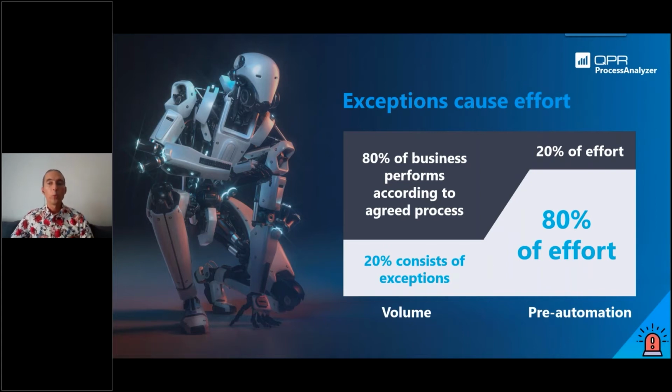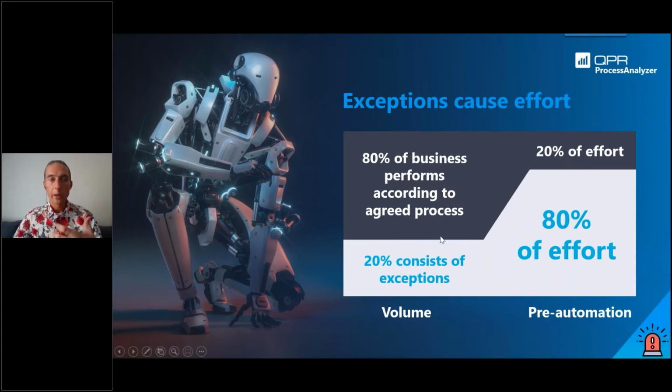So what we suggest you to do is find your exceptions in your process and improve the process in a way that there wouldn't be so many exceptions. That is normal process improvement work, so that you can immediately cut down this part of the manual effort. And then of course what is left, it makes sense to automate with the RPA.